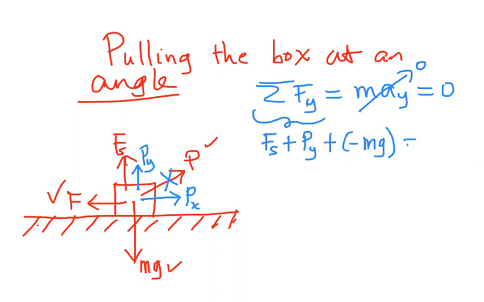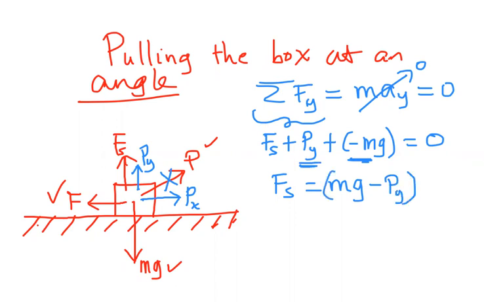That will be equal to 0. If I do that, I see that the support force is equal to Mg, and if I transfer this to the right-hand side, it'll be minus Py.